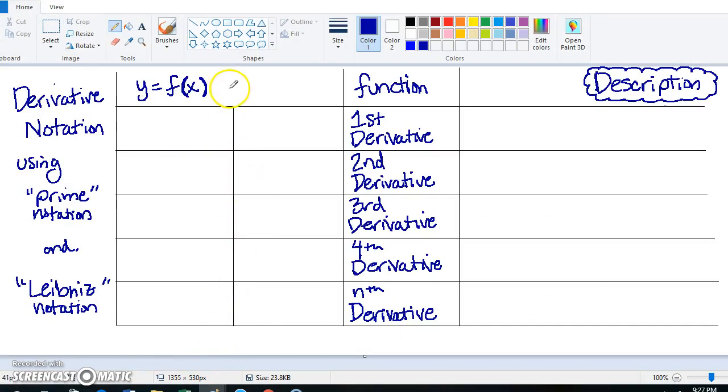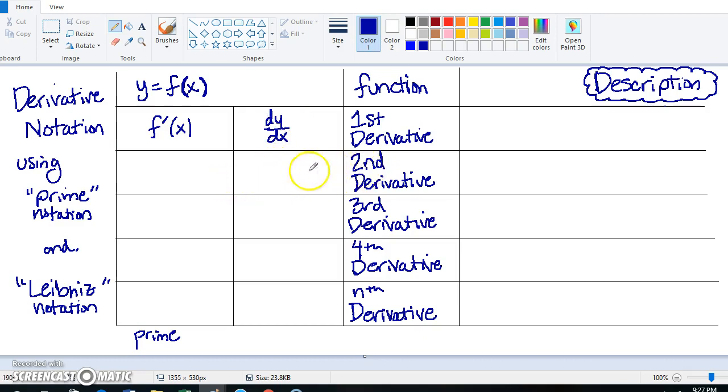Now we can look at higher order derivatives. We will not be doing that too much too soon, but our function is called f of x. Using prime notation, we'll say f prime of x is the first derivative. And we just talked about dy dx is also the first derivative.